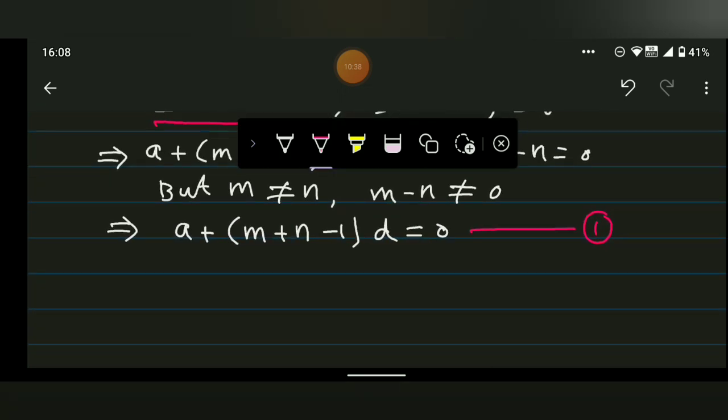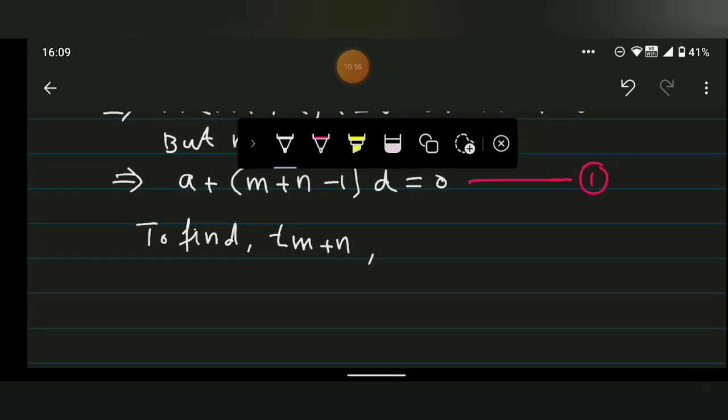Now we have to see what we have to prove, that we have to find the m plus nth term, which is written as t subscript m plus n. So to find this, tm plus n, we will replace n by m plus n in the above formula.